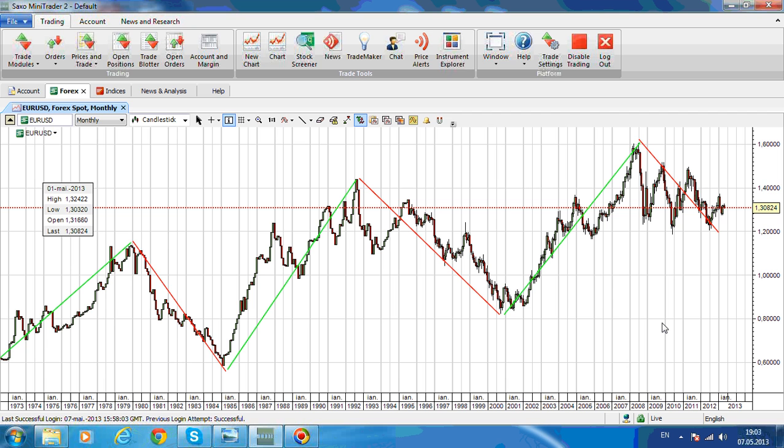Understand the concept of retrograde motion, because it is important when you are looking for possible tops and bottoms, when the price for a certain security or currency pair is turning.